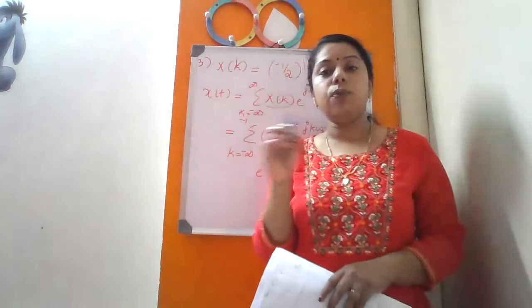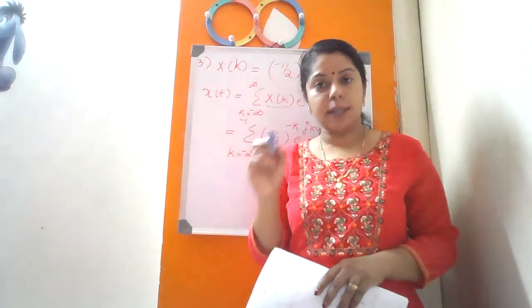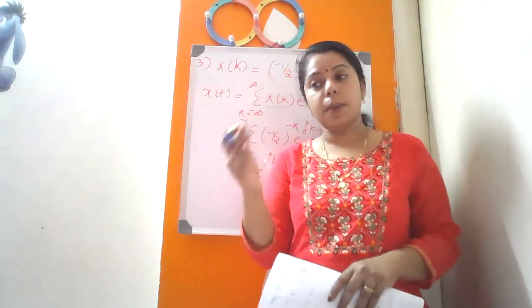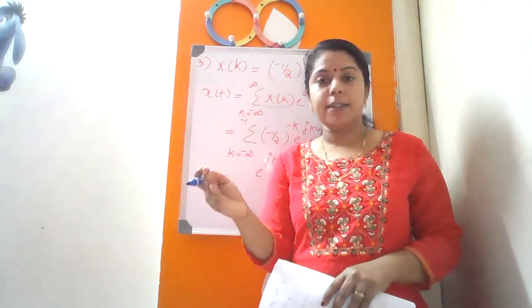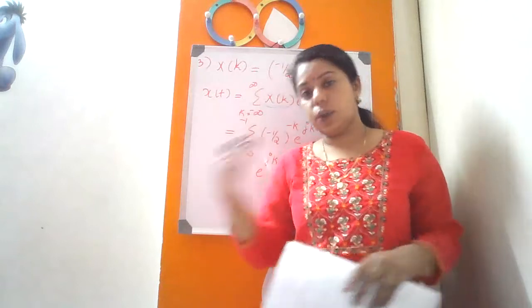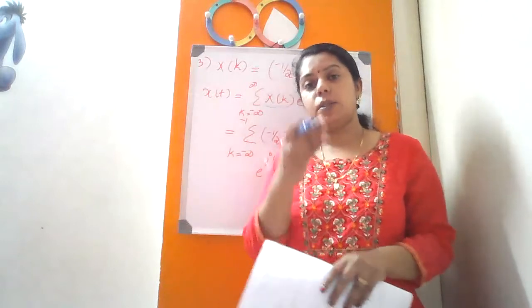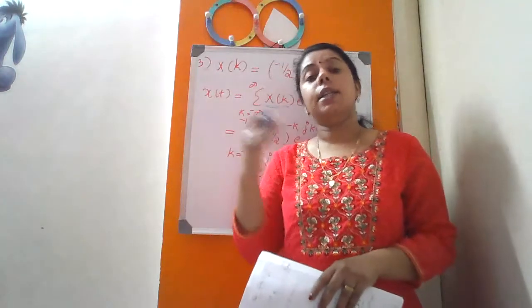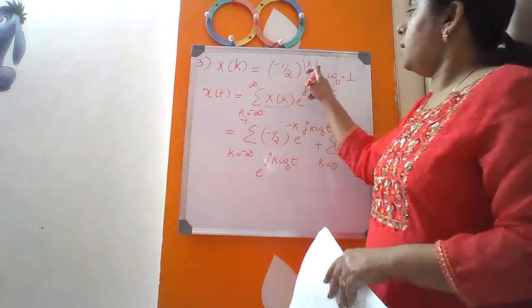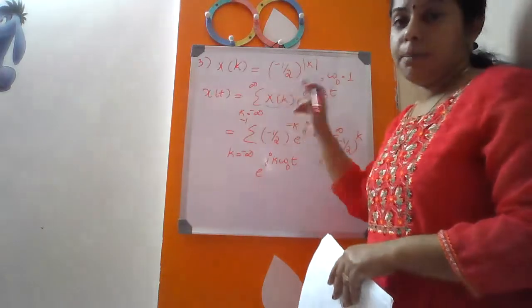You know how to find out mod k. If it is in the negative axis, that is from minus infinity to minus 1, the k value will be minus k, and in the positive side, that is from 0 to infinity, mod k will be plus k. Okay, so I can split it into two summations.